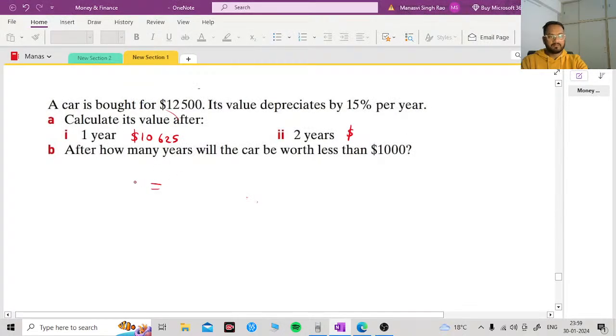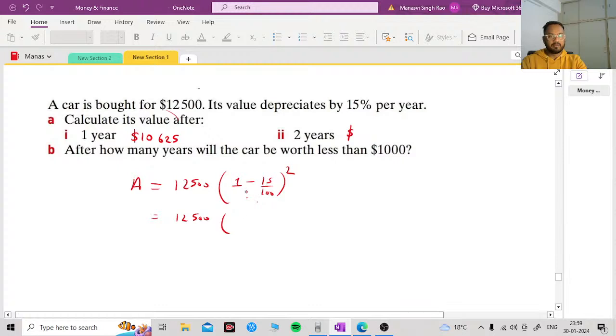So basically, the amount will be equal to 12,500, right? And it is multiplied by 1 minus 15 upon 100 to the power 2, right? So 12,500. Devraj, you're wrong. The answer is not correct.